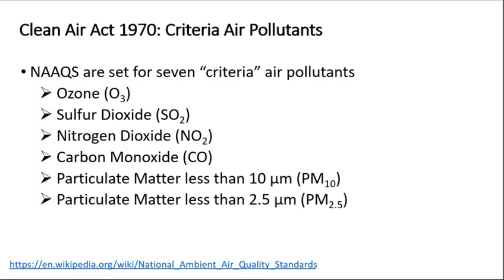Then there are 2 pollutants related to particulate matter, PM10 and PM2.5. These are not specific species, but rather represent the total mass concentration of particles in the air less than certain sizes. PM10 is the total mass concentration of all particles in the air less than 10 micrometers in diameter. Likewise, PM2.5 is the total mass concentration of all particles in the air less than 2.5 micrometers in diameter.